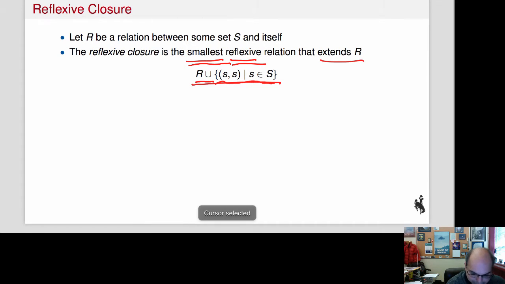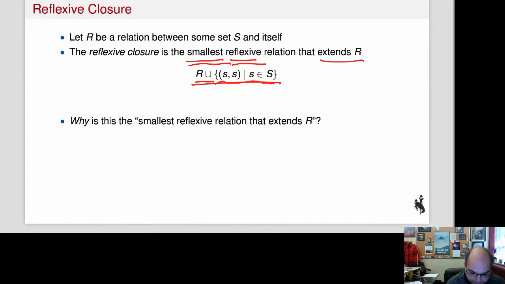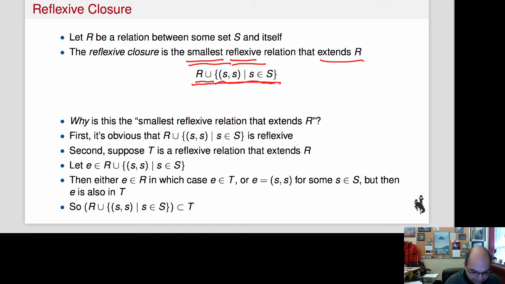If we go with that, I think it's easy to see that it's reflexive, but why should it be the smallest reflexive relation? Well, we could argue that informally, and here's a good argument. Like I said, it's obvious that it is reflexive, and that's just because this part right here is reflexive.